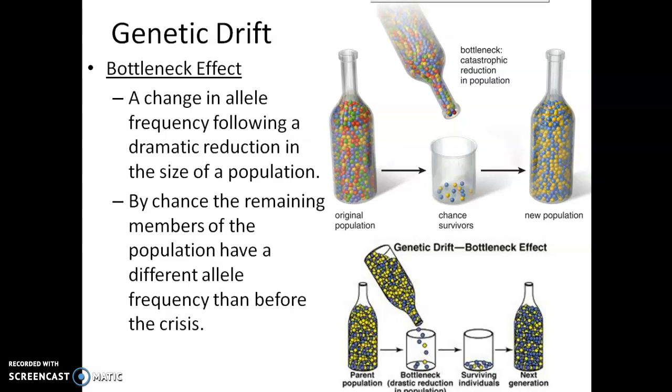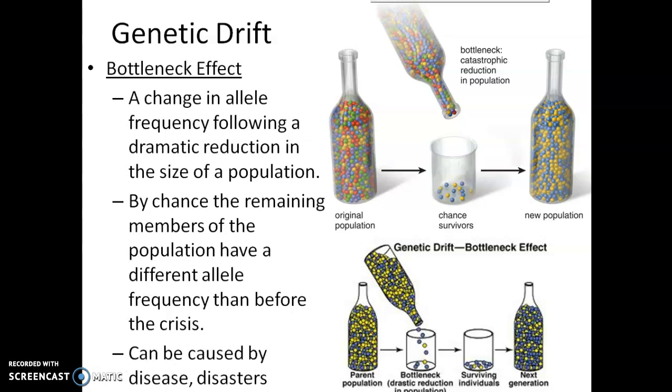So you have a big population, then something bad happens and there are only a few survivors left to hopefully repopulate that particular area. There's a lot of genetic diversity before that catastrophe compared to after.